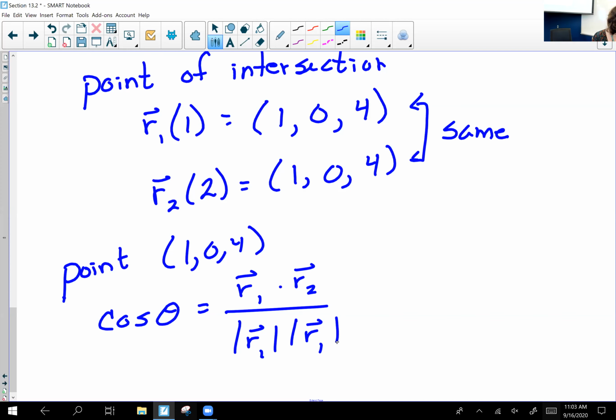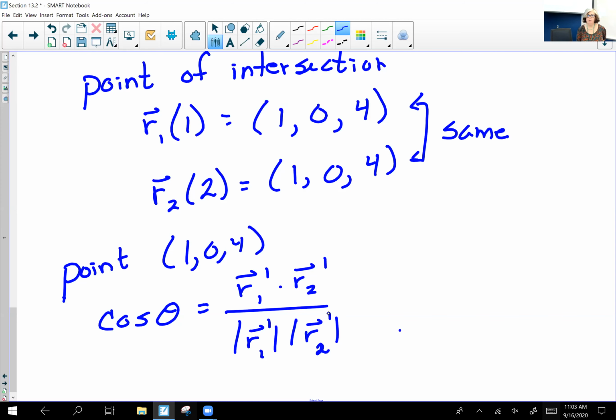Sorry to interrupt again. The bottom, the denominator, it's R1 and R2, correct? Yeah. Those R's represent curves, don't they?